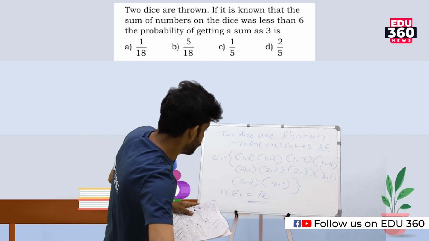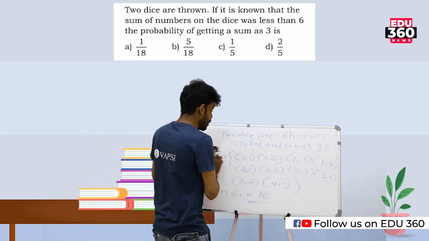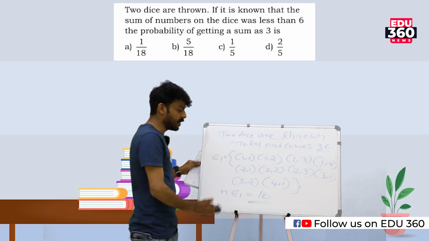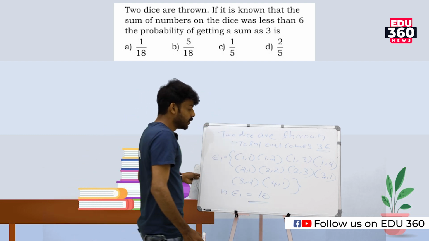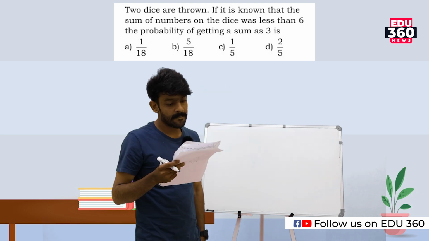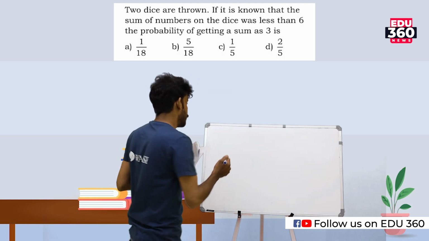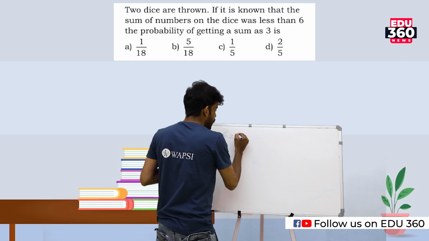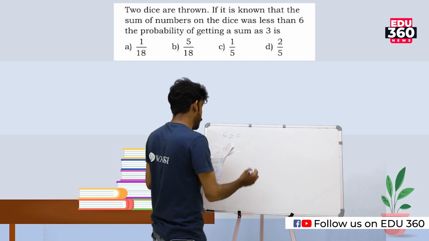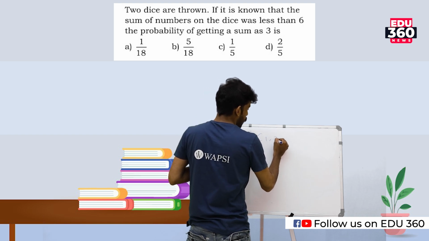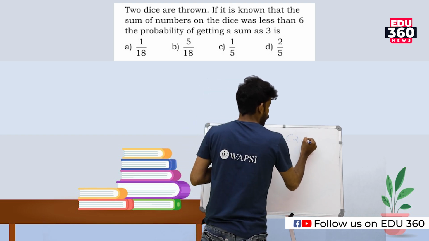And the next is the second event E2. n of E1 is equal to the number of elements in E1, that is 10. The probability of getting a sum as 3. So we consider event E2 as the sum being 3. E2 is 1 2 and 2 1.